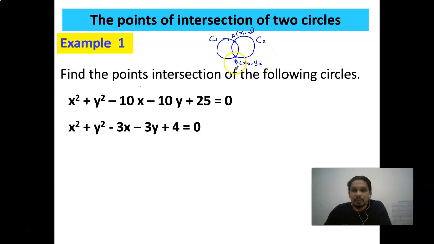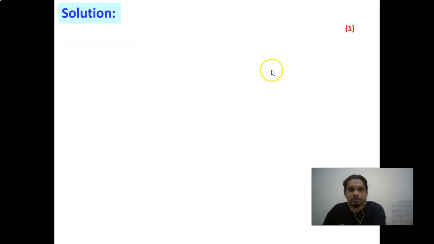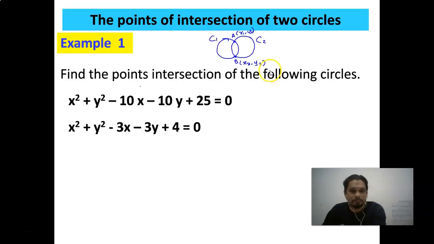We call the coordinates of A and B (x, y) shared by both the equation of the circle C1 and C2. We are going to find the coordinates of intersection A and B by putting both of these into one equation.